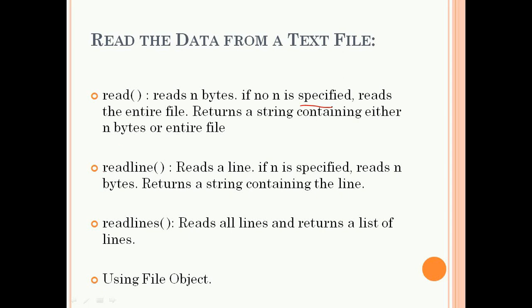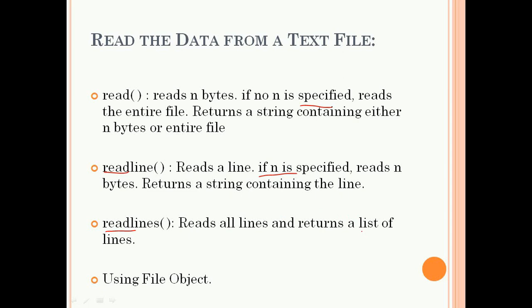Next, the readline method. From the name of this method, you can guess that it reads a line from the text file. If n is specified, it reads n bytes from the line. It returns a string containing the line. Next, readlines. That means it will read all lines and return a list of lines.